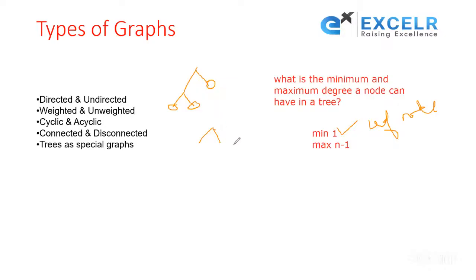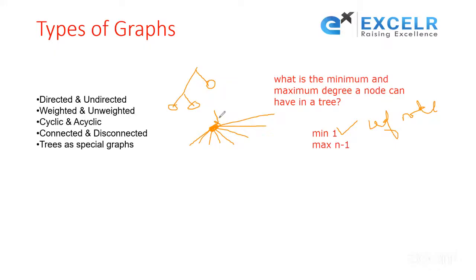Suppose this is a tree, kind of a star representation. 1, 2, 3, 4, 5, 6, 7, 8. So 9 vertices are there. What is the degree of this vertex?